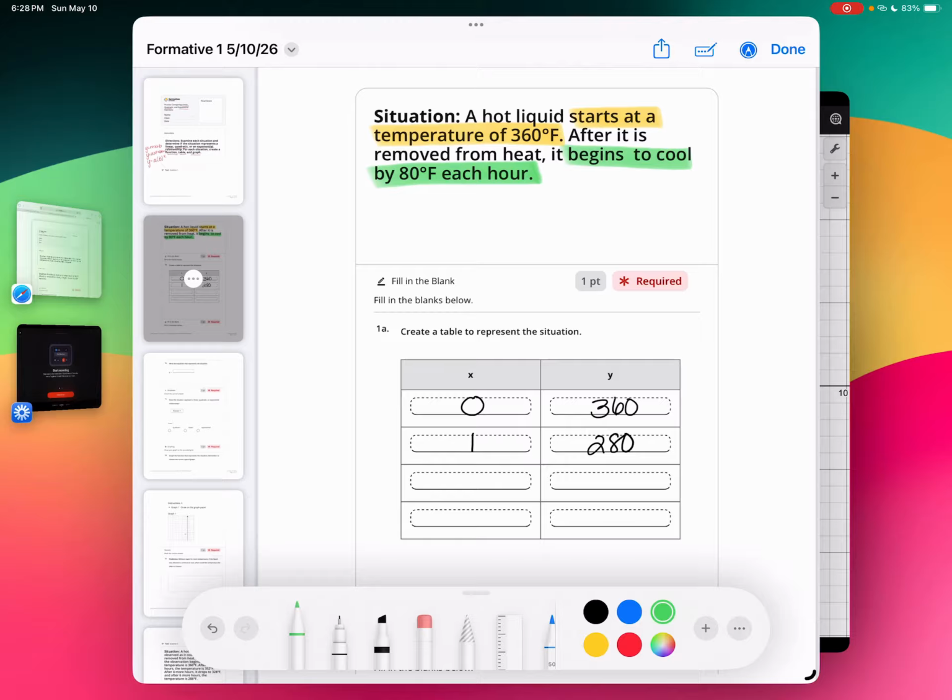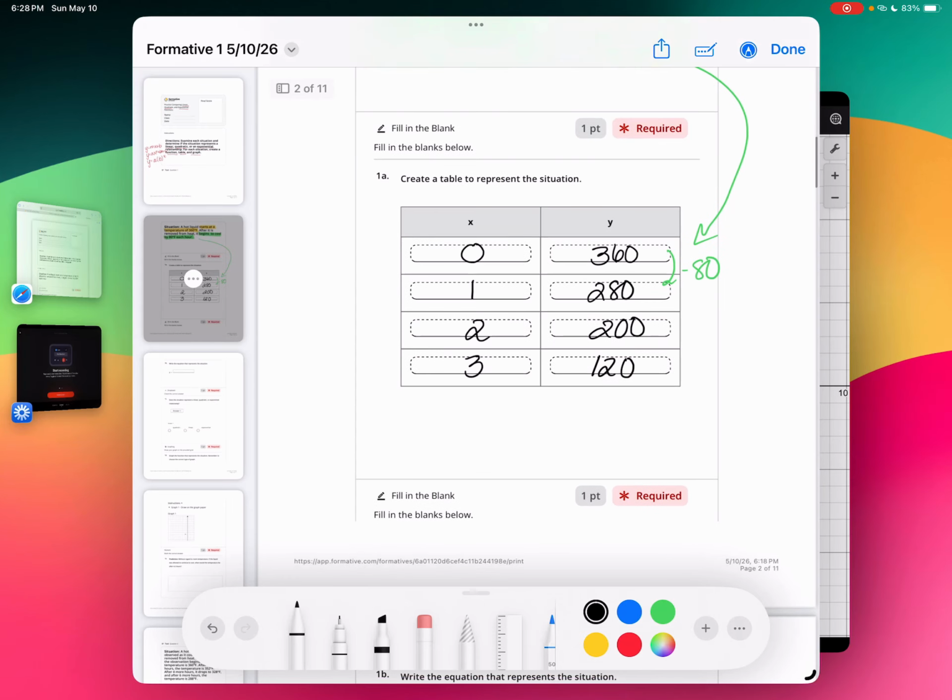And then after 2 hours, when I take away 80 again, that's going to be 200. And after 3 hours, it's going to be 120. Okay, so that's our table.